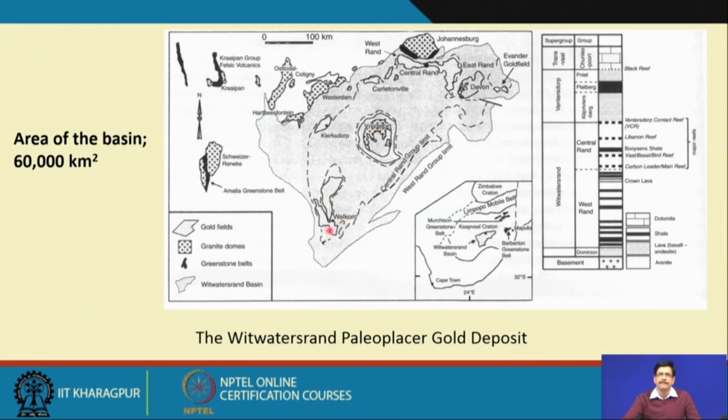What is shown here, those small places marked like this, are the individual deposits, the gold fields. There are about 6 or 7 such gold fields in this entire basin, and this basin is surrounded by some granite domes, and the black part is the greenstone belts, which we will be discussing as producers of gold when we come to the topics on hydrothermal deposits.